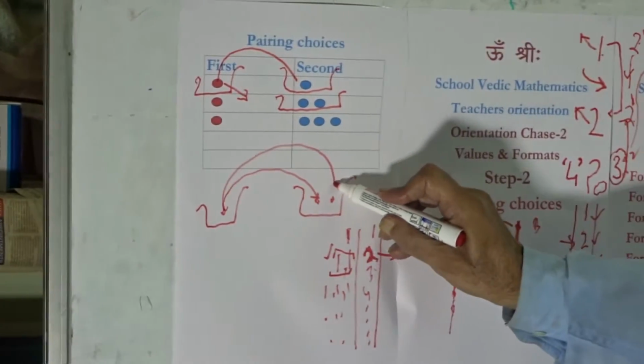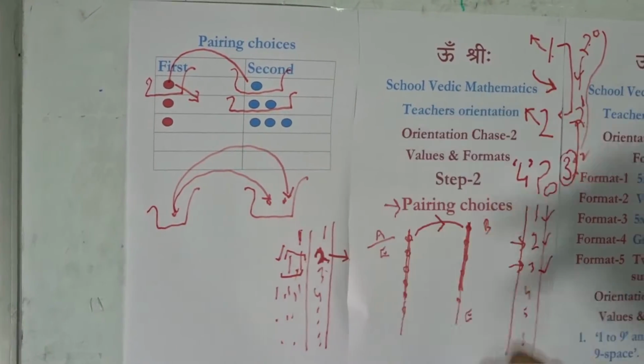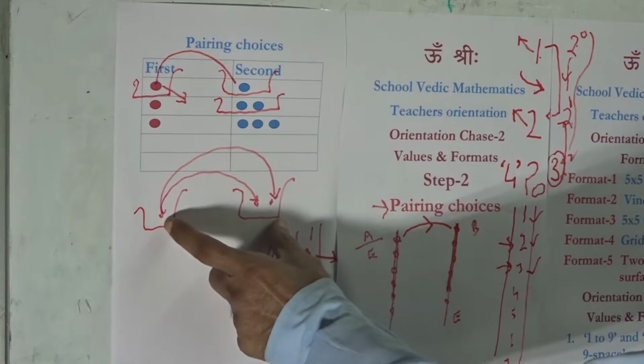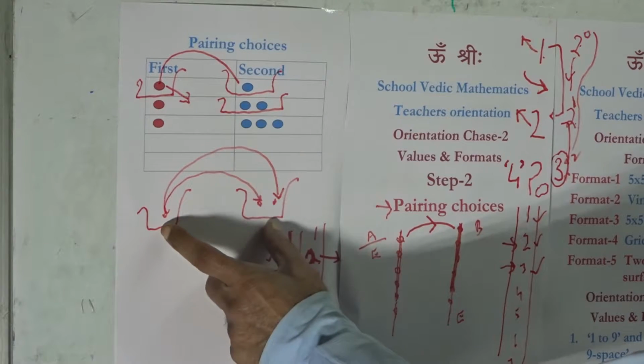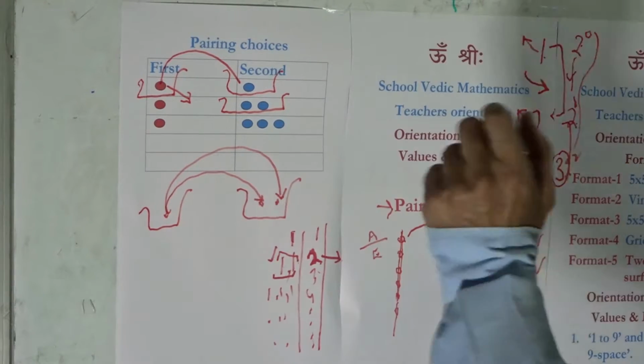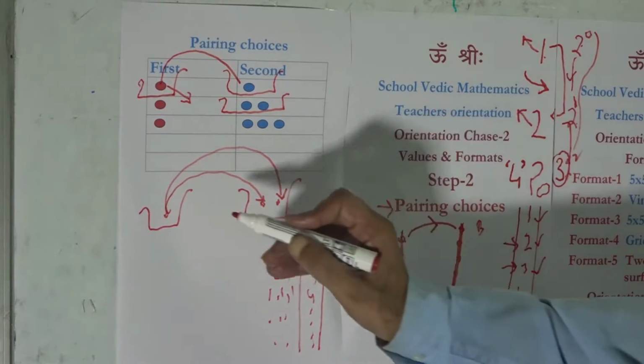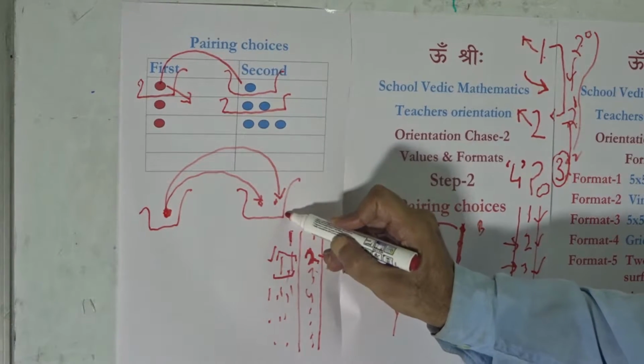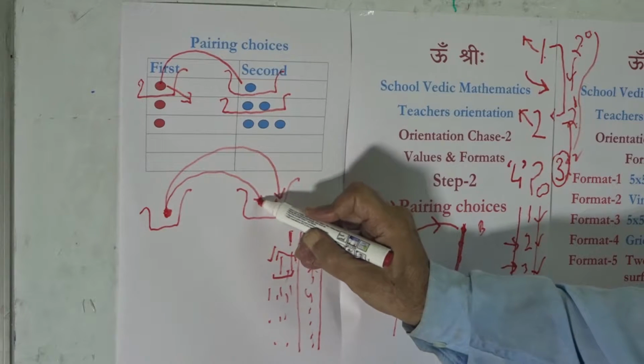It is this pairing choice, this concept, this relationship, this mapping, this function, how we can reach from here in this jug, but at which seat.